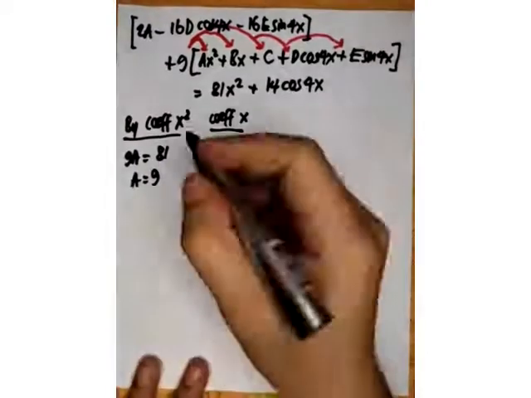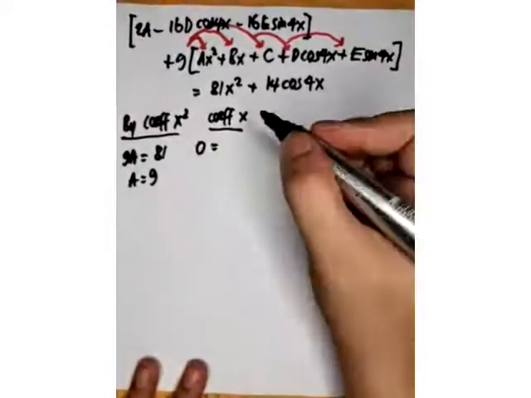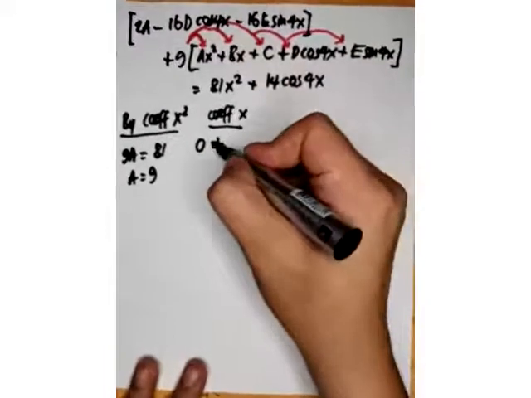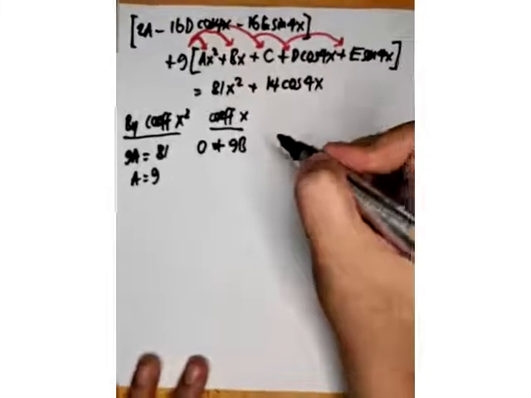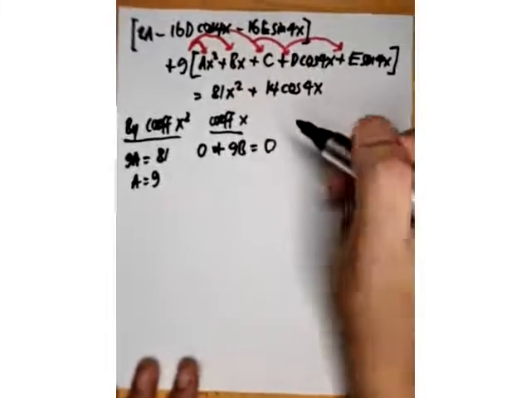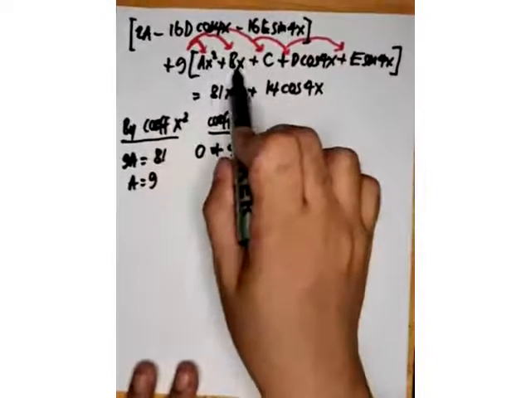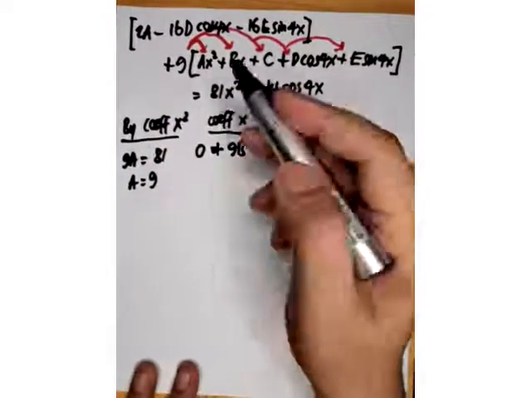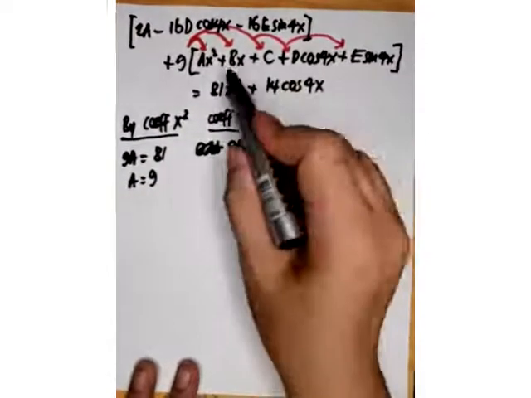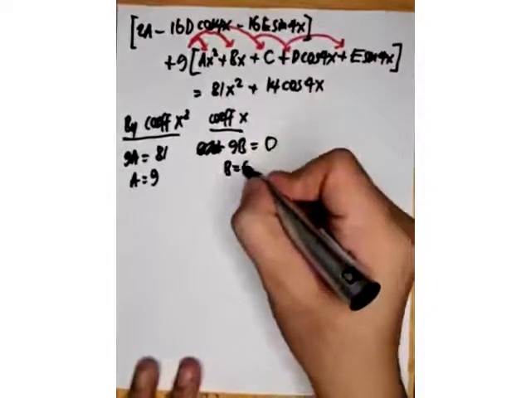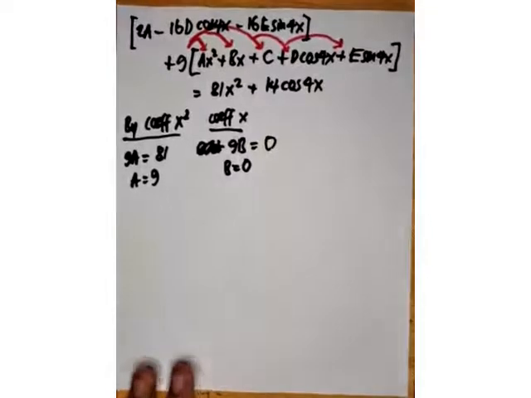Wala dito. That's 0 is equal to 0 plus 9b is equal to 0. Tama ba? X ito lang, may x. So 9b is equal to 0. So b is equal to 0.